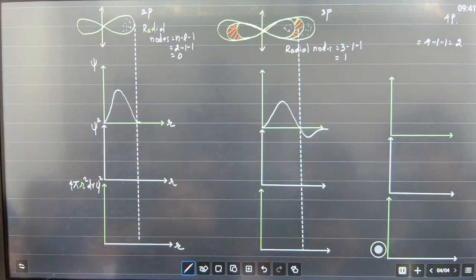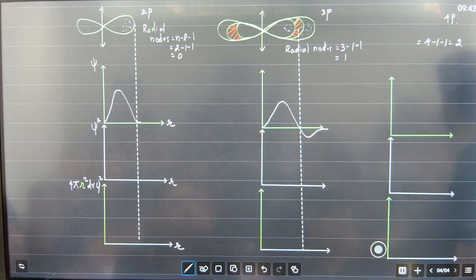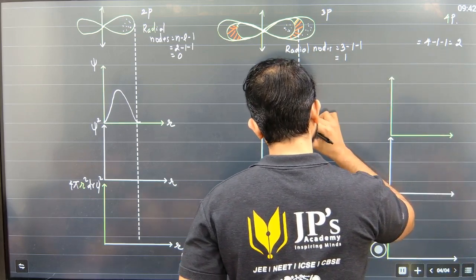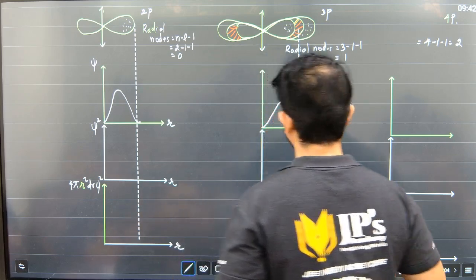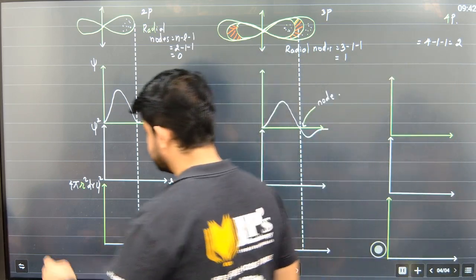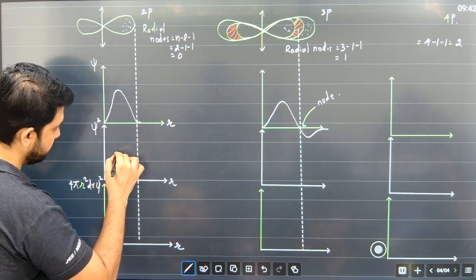With me? What happens in the case of 4p? How many times will it touch the radial axis? It will touch 2 times. What will you call this point? We'll call this a node. Square this for psi square. What will that be? This doesn't really change much.